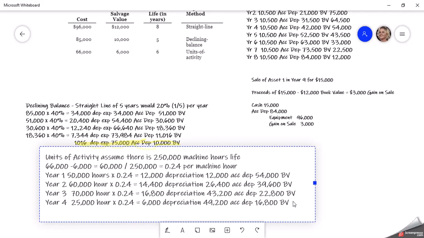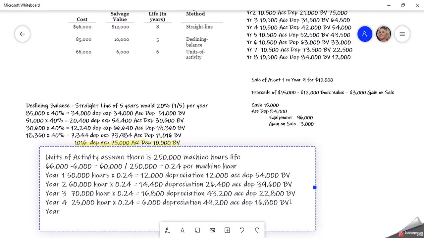Okay, so then again, at the end of the life of the asset is when it kind of peters out and there's not much left. So those final 2 years, they're going to have 25 another year and then 20 the following year.